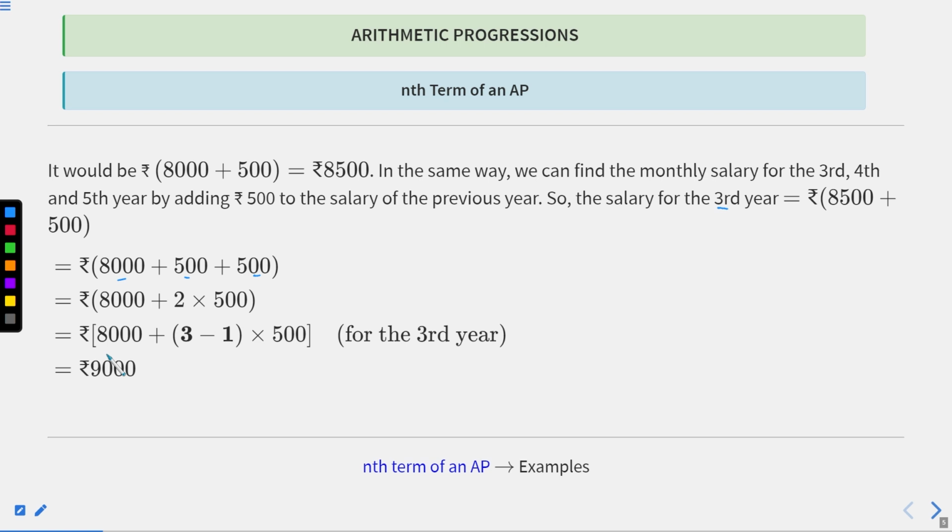We also observe that if we take the first salary of our job, 8000, plus the number of years minus 1 times the annual increment 500, we can write it as 8000 plus 3 minus 1 times 500, that is equal to 9000.